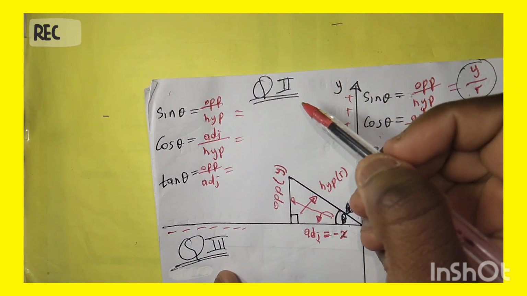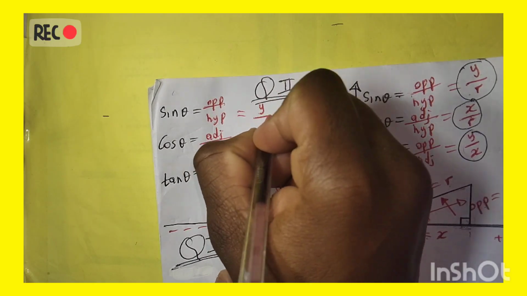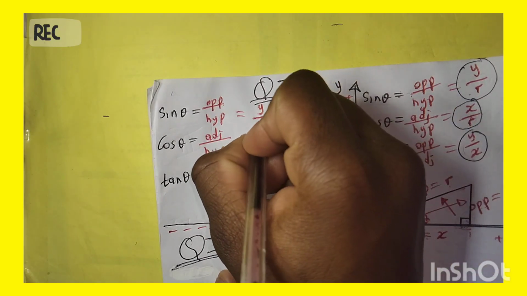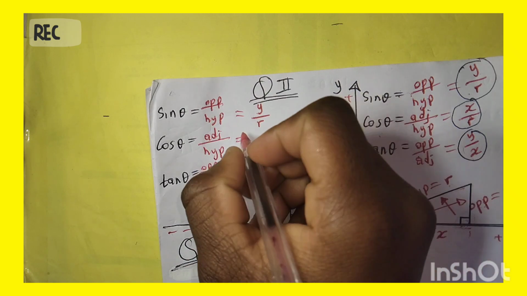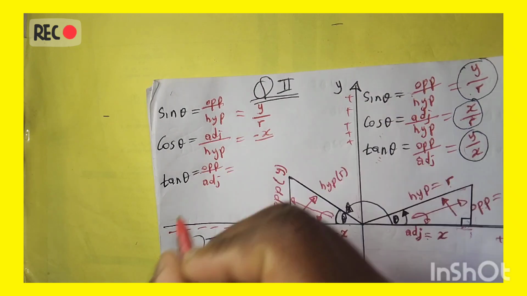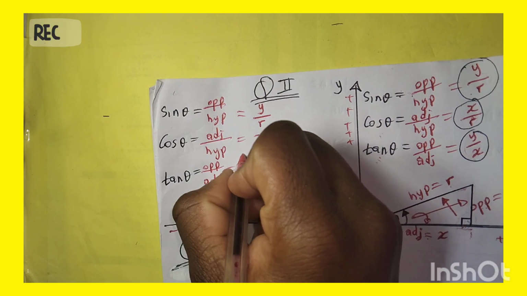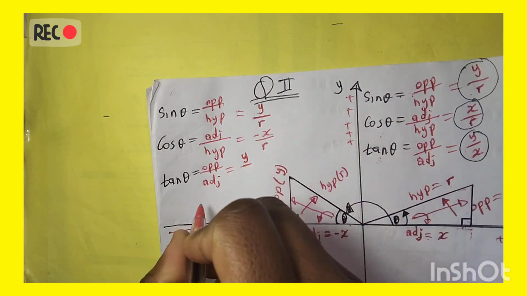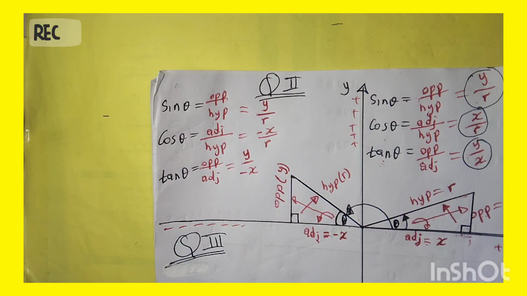According to the diagram, you can see that our opposite is positive y. Our hypotenuse all the time is positive r. Adjacent is negative x. Then hypotenuse is positive r all the time. Opposite is positive y, but adjacent is negative x. So check something, guys.